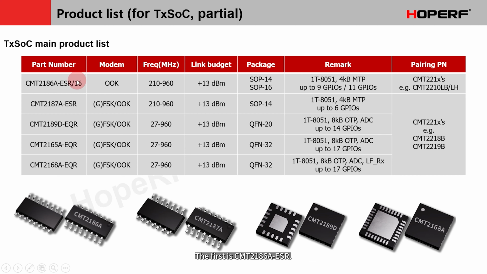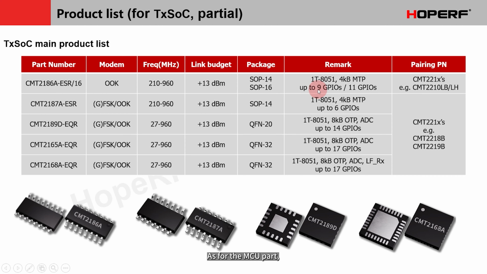The first is CMT2186A ESR. It is a member of the CMT218X series. This model has 2 packages. One is SOP14. The other is SOP16. But it only supports OOK. The operating frequency range is 210 MHz to 960 MHz. The maximum transmit power is plus 13 dBm.